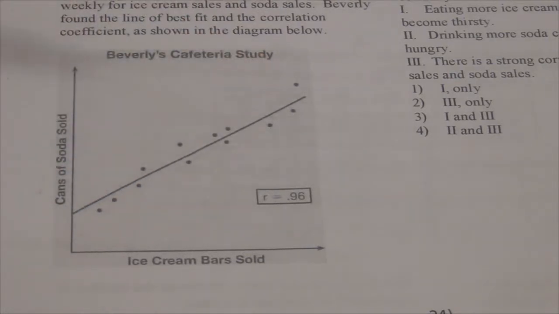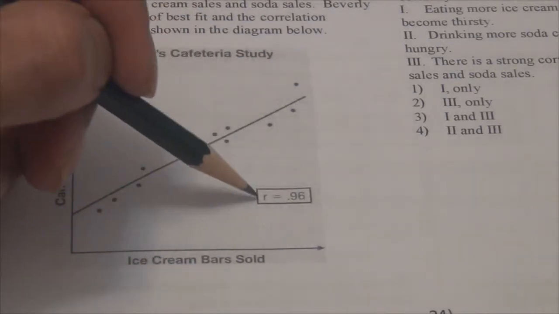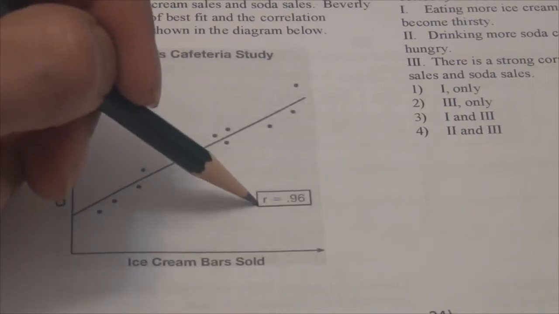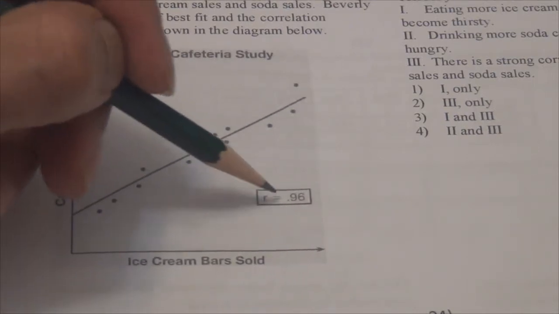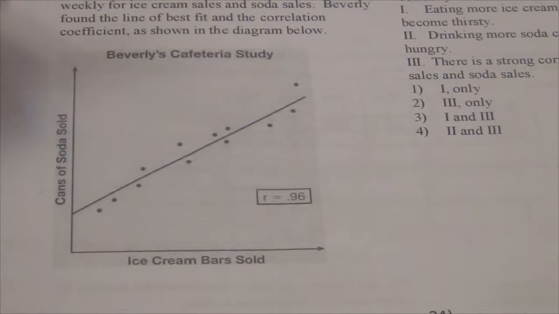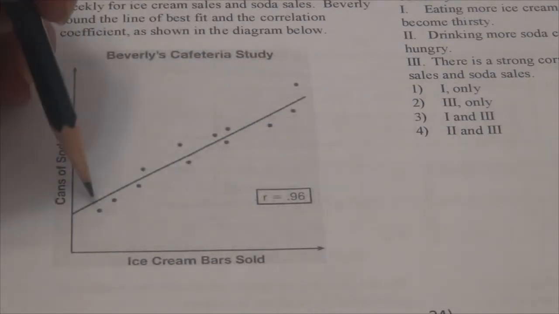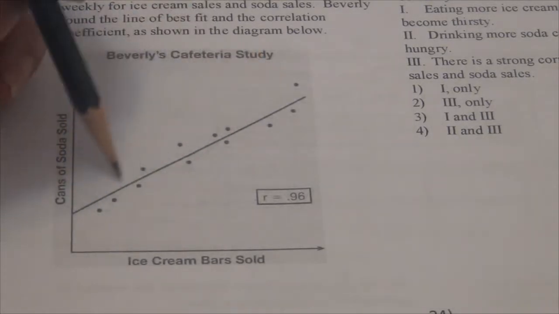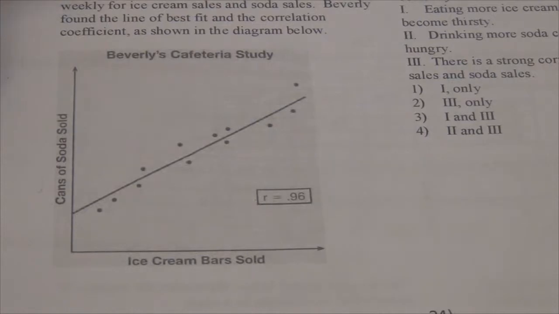We could see that there's a positive correlation. The coefficient of correlation is high, 0.96, close to 1. Why? Because this line of best fit goes through between most of the points, so there's a strong relationship.